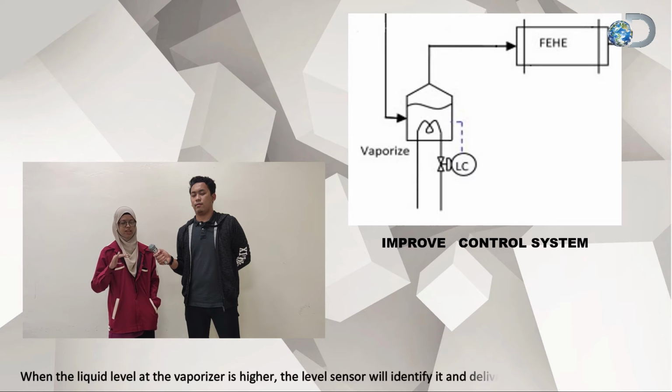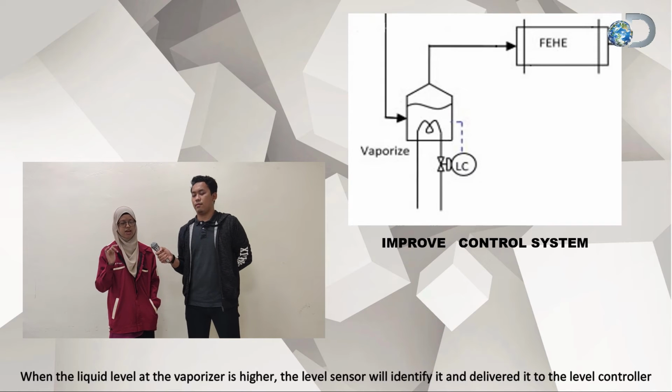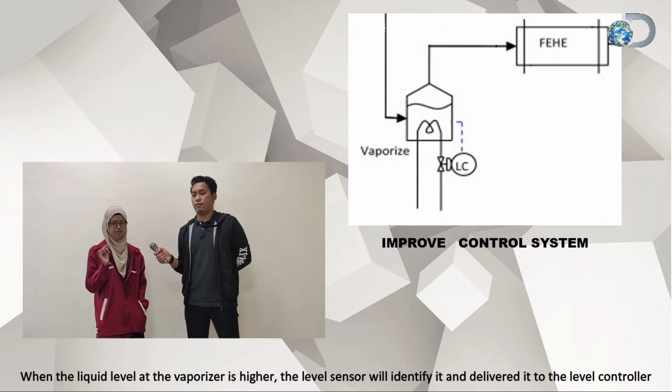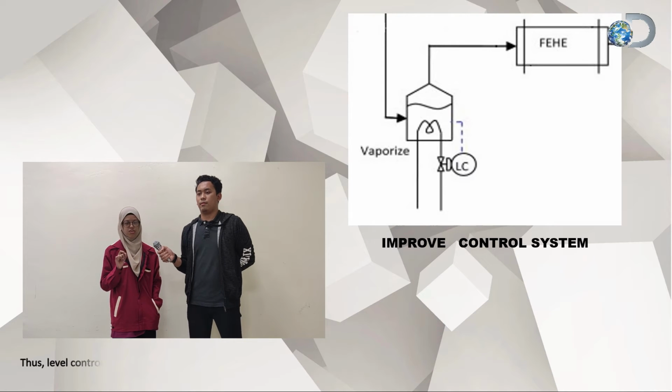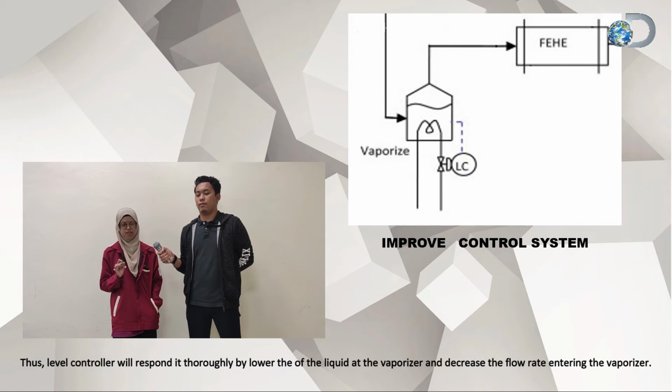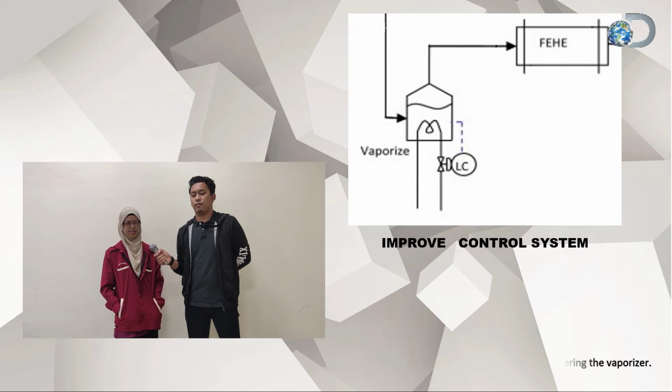When the liquid level at the vaporizer is higher, the level sensor will identify it and deliver it to the level controller. Thus, the level controller will respond by lowering the level of the liquid at the vaporizer and decreasing the flow rate entering the vaporizer.